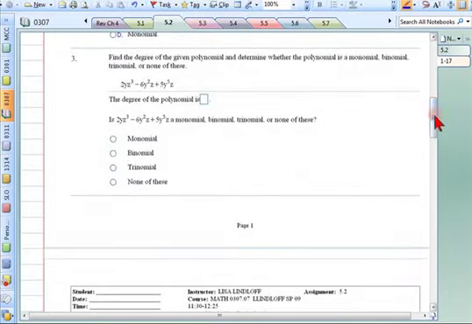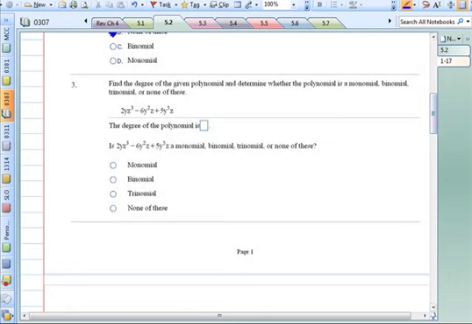Would you look at number 3, and I will rewrite it larger, and then if you'll think about the answers. I have 2yz to the third minus 6y squared z plus 5y to the fifth z. If we're going to get its degree, we need to know the degree of each term.